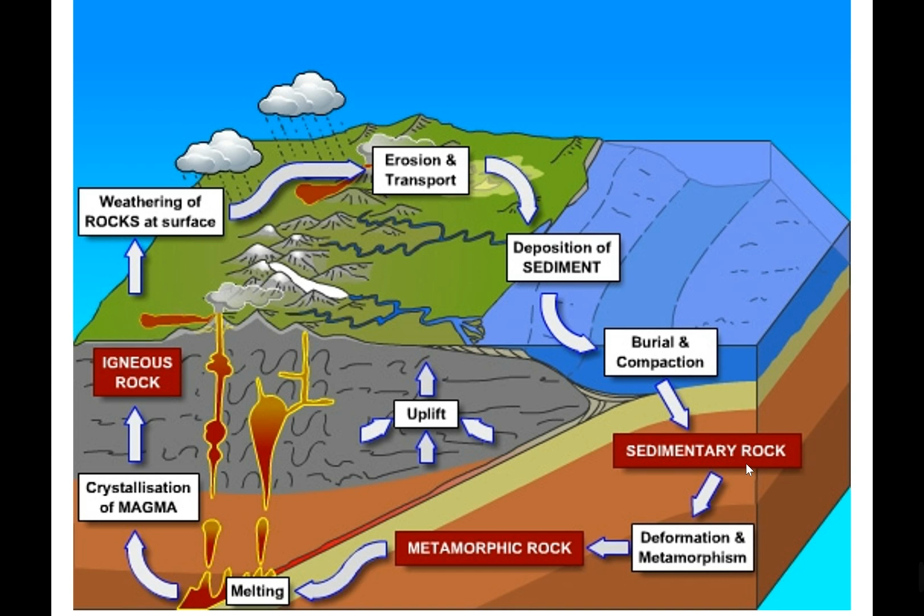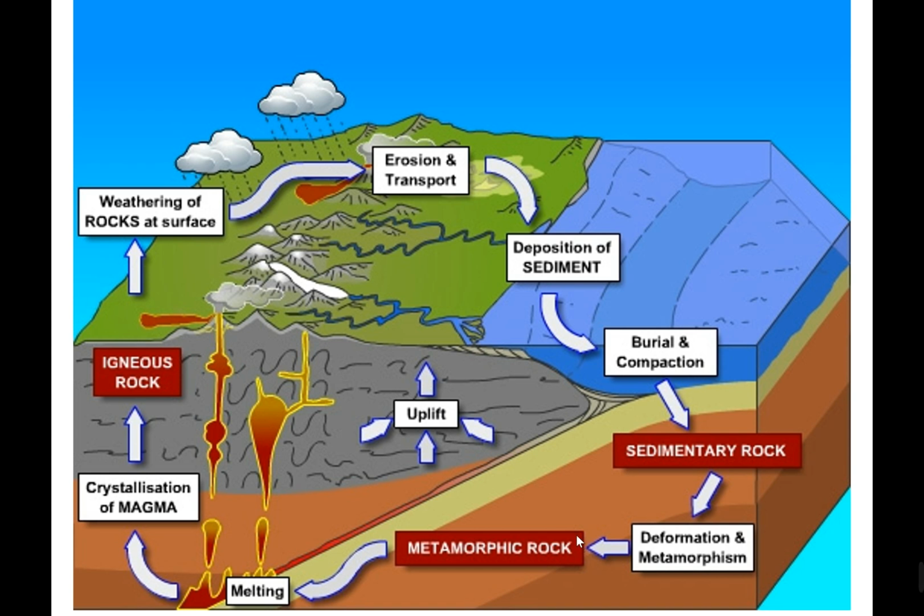Now, either the igneous or the sedimentary rocks might undergo heat and pressure, and another form of pressure that can happen is at convergent plate boundaries where there's deformation. So that's just the topic that we finished. So if you have rocks being compressed and squeezed together, then that can also change them into metamorphic rocks.